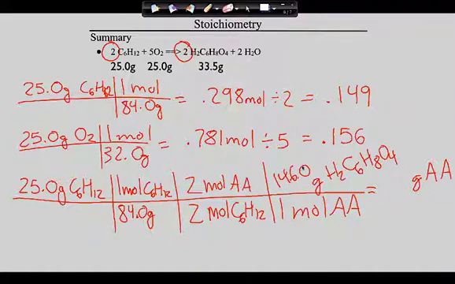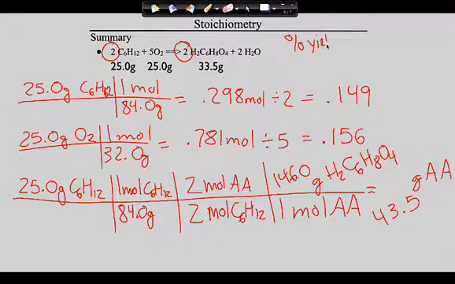And now we do the math, which is easier with a calculator. And we go 25 divided by 84 times 2 divided by 2 times 146. 3 significant digits, 43.5 grams of adipic acid. Is that okay? Okay. And then guys, the final step, I'll just do it really quick.